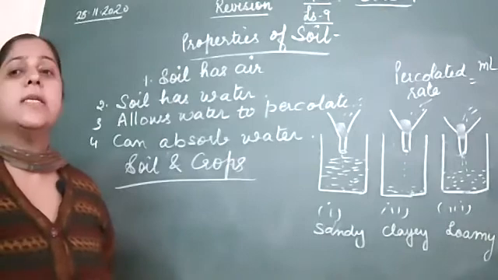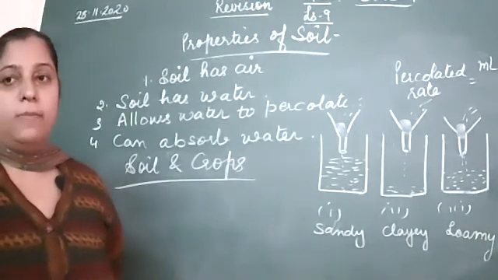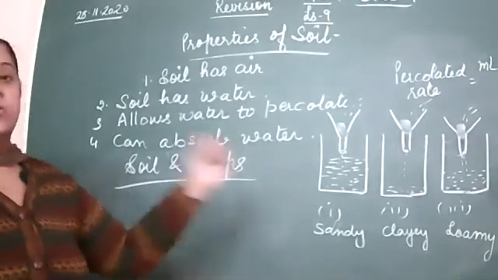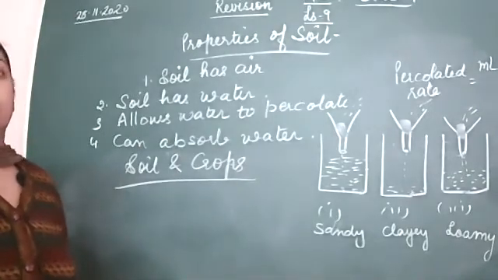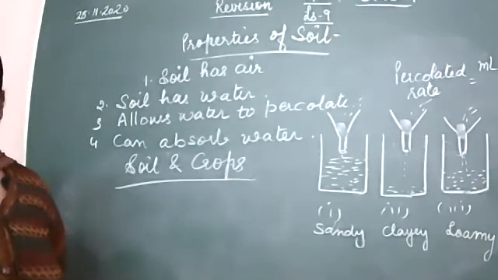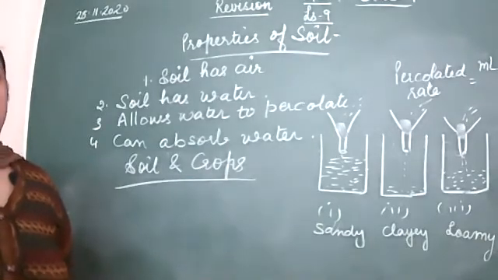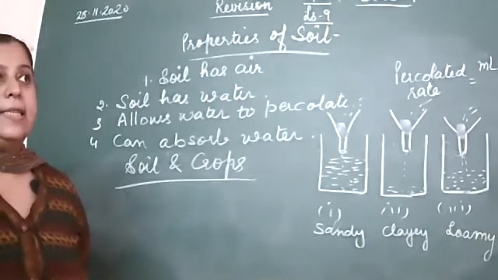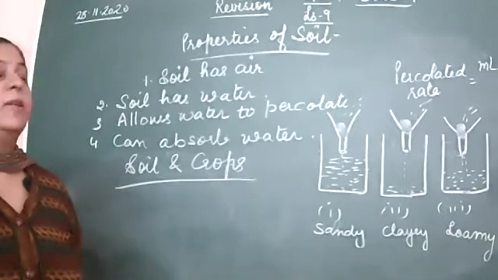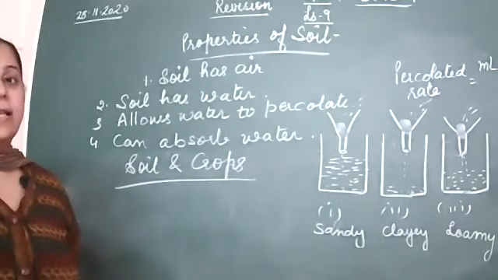Like cactus, it is grown in sandy soil, right? Because it needs less water. In the same way, some soils are good for some other types of crops. Like lentils, dals, they are better grown in loamy soil, right?